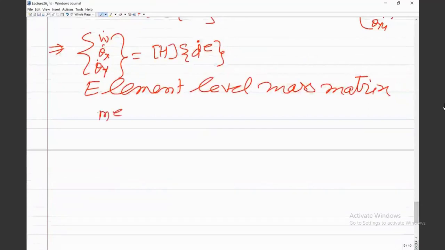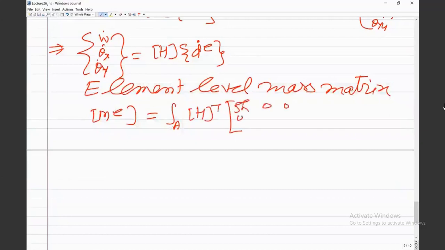So the element level mass matrix ME will be integration over area, then we have H transpose into this matrix in between, rho H 0 0, 0 rho H cube by 12 0, 0 0 rho H cube by 12, and into H, and then we can write this as determinant into dA.